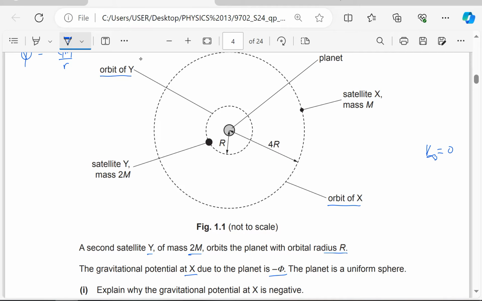And of course, when I move one mass away from another mass, it's like when you are lifting a mass from the Earth's surface upwards, it gains gravitational potential energy, but we're taking it away from the Earth. So if this is the planet, and this is the small mass, when I take the small mass away, it is gaining gravitational potential energy. But remember, when it reaches infinity, it is zero. So it must have been moving through negative values by the time it reaches infinity, where gravitational potential is zero.